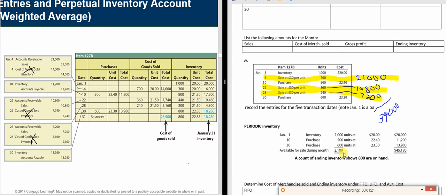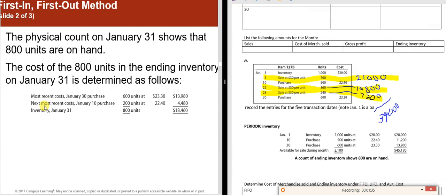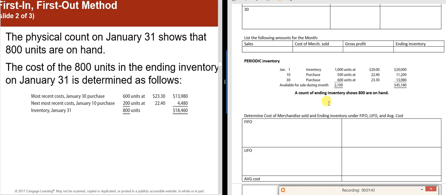So I pretend all the sales happened at the end as far as these journal entries go. Okay, all right, now I'm just going to get rid of this because I don't need it anymore. I just wanted to show you it's the same.